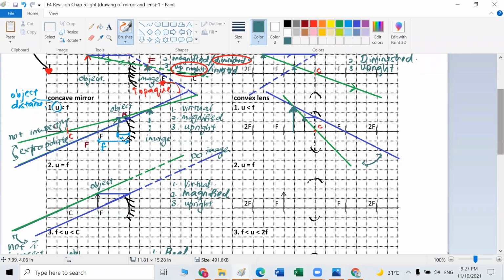Here. So this is object, this is image. So it will be VMU, same as beside. Virtual, magnified, upright. Because same direction, upright.